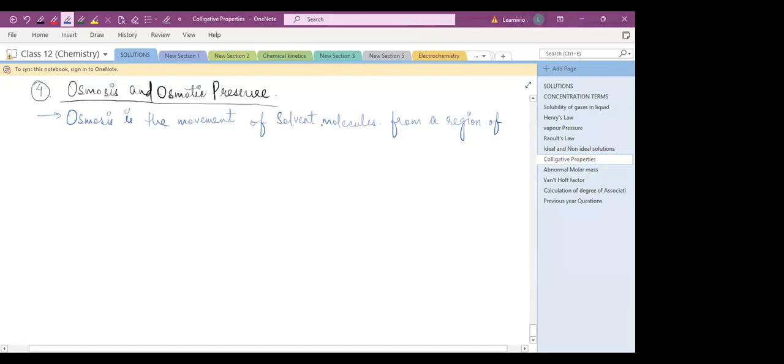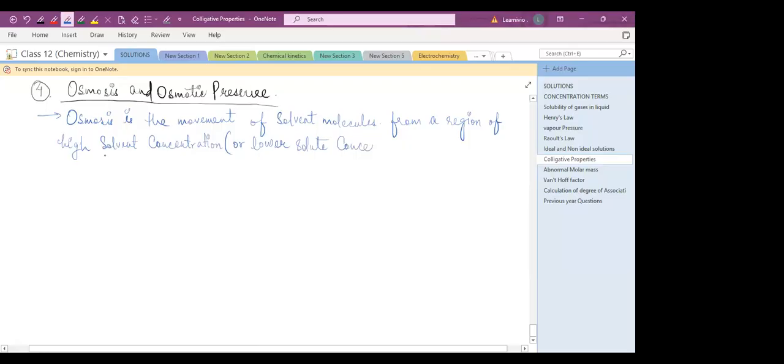Osmosis is the movement of solvent molecules from a region of high solvent concentration, or you can say lower solute concentration.